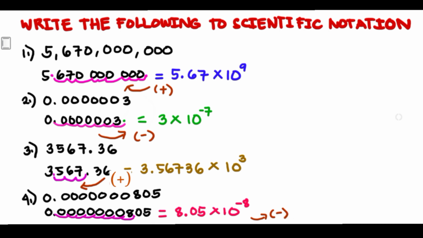So, tandaan po natin yung technique or yung mga steps para hindi tayo malito sa pagsusulat ng standard notation to scientific notation. Or sa madaling sabi, kapag very large yung number, automatic, ang exponent ay positive. Pero kung very small naman yung number, like yung number 2, negative po ang exponent.